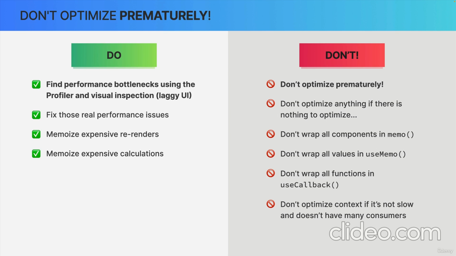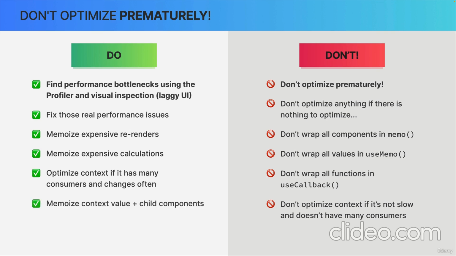Now, when it comes to the context API, it only makes sense to optimize re-renders if a certain context has lots of consumers and if the state updates all the time, causing a significant issue. So in that case, you can try to memoize the context value, memoize all the direct child components of the provider, or set up two separate contexts: one for the actual state value and one for updating the state.